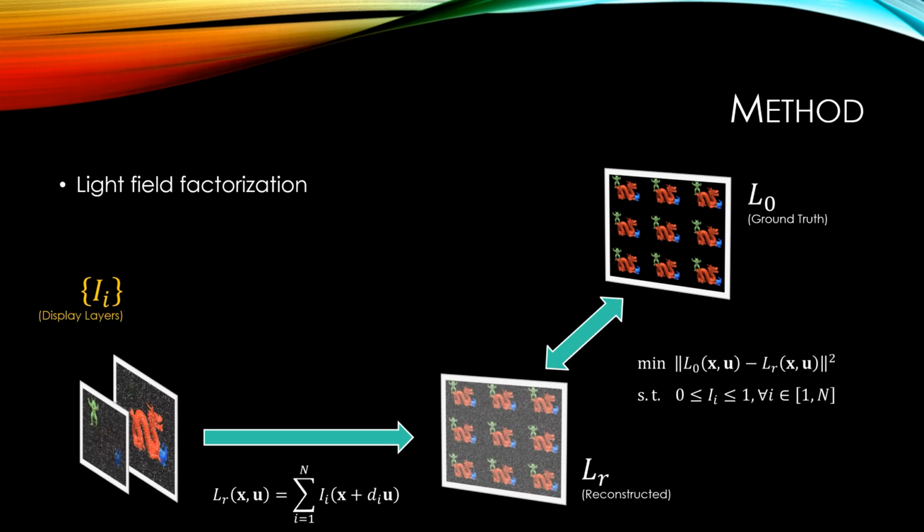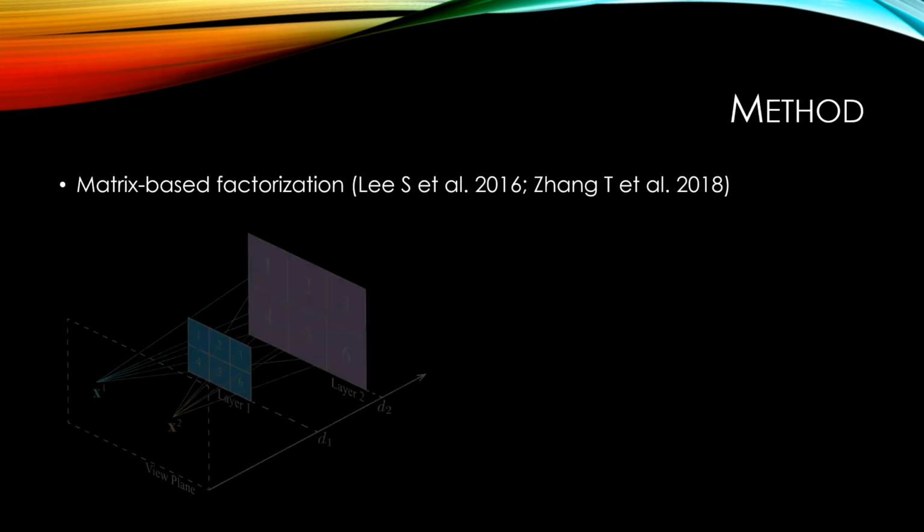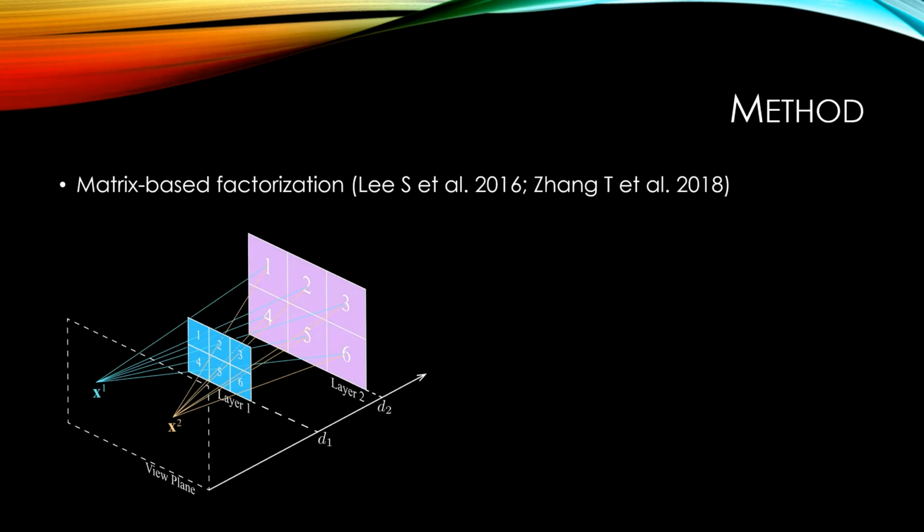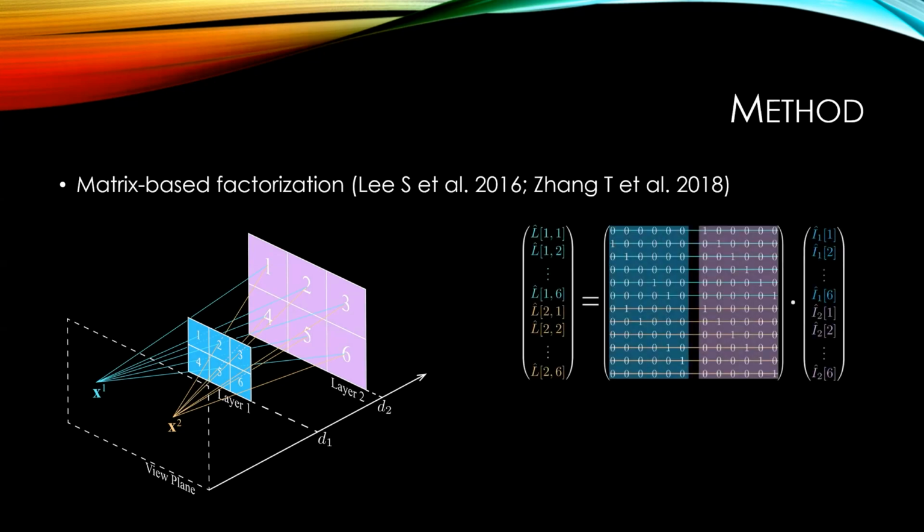To solve it by computer, Li et al. and Zhang et al. discretized the problem into a matrix-based form. Here comes a simple example. There exist two display layers, and the discretized light field has only two viewpoints. They built a mapping matrix P between the vectorized form of the light field and the display layers.